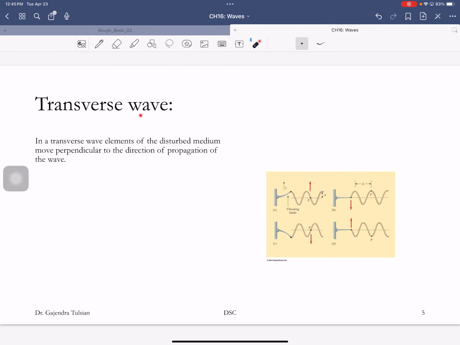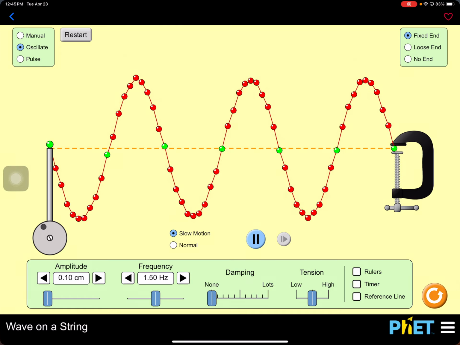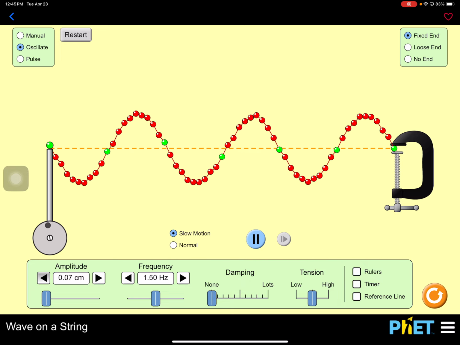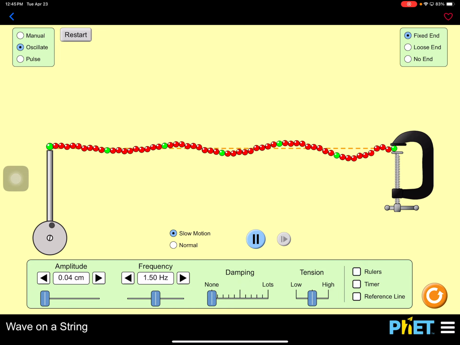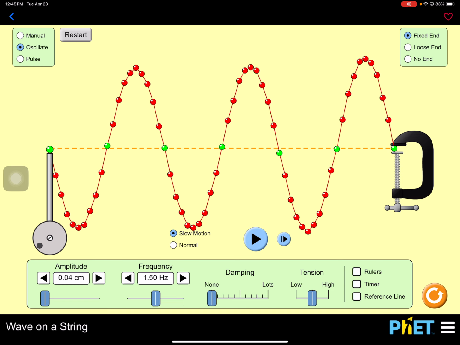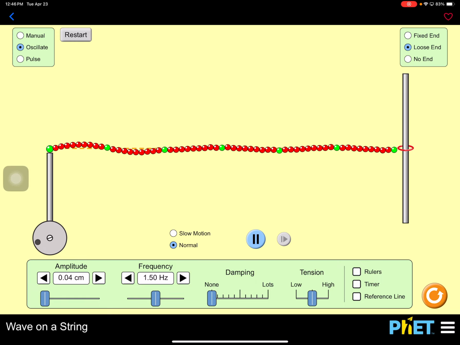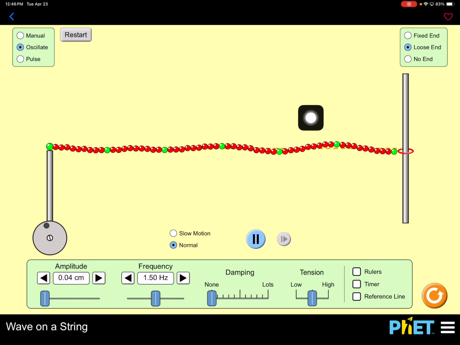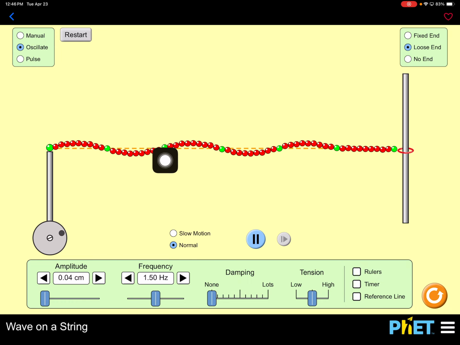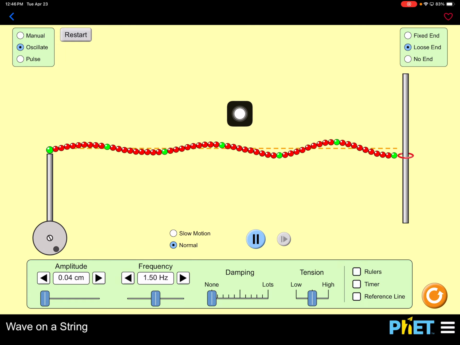Transverse waves are the following. In a transverse wave, the wave is traveling to the right, and each particle is oscillating in a direction perpendicular to the direction of wave travel.